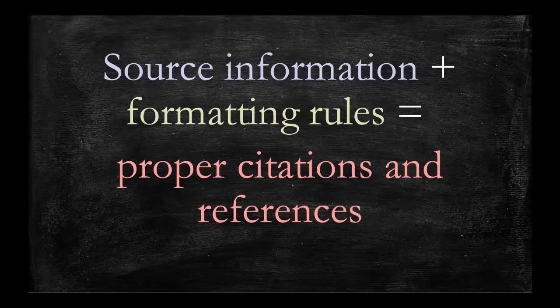MLA stands for Modern Language Association, and that's basically just a group that dictates what rules we have to use for our citations and how they should be formatted so that everyone's on the same page. When you put that information about the source into the format that MLA tells us to use, then you end up with your proper citations and references.